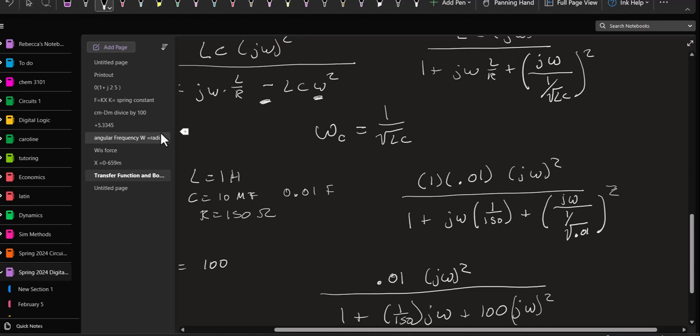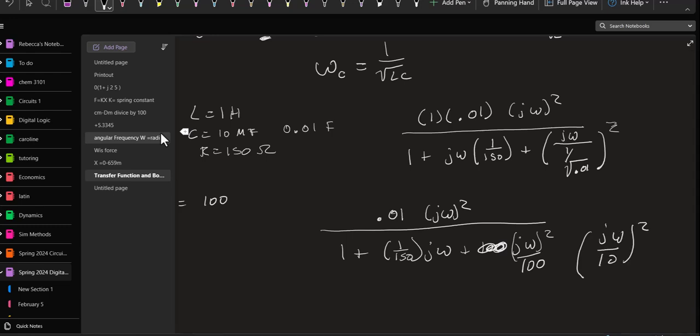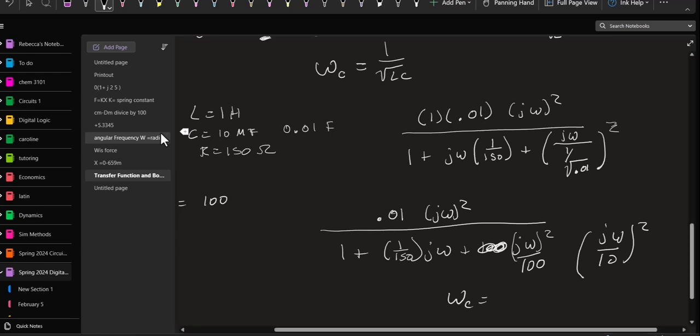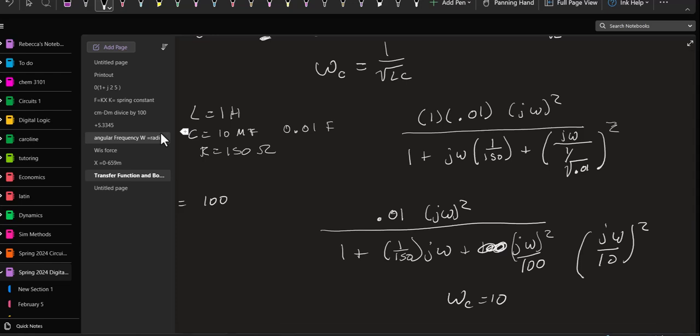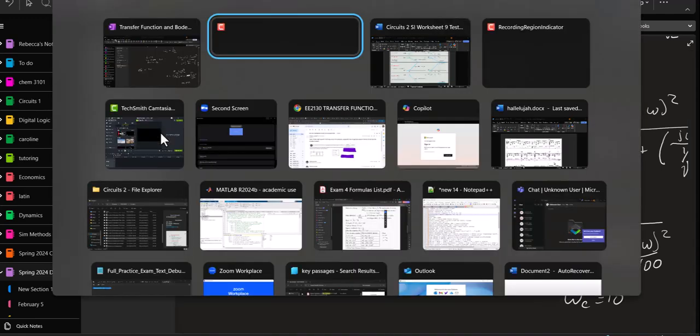This should be j omega squared over 100, which is j omega over 10 squared. So our corner frequency is 10.